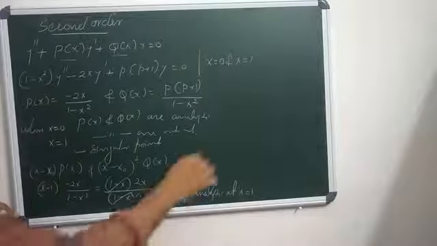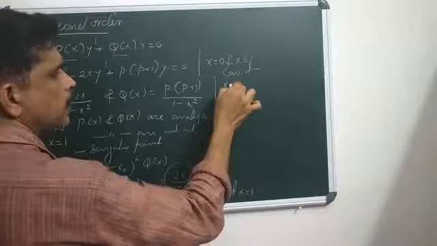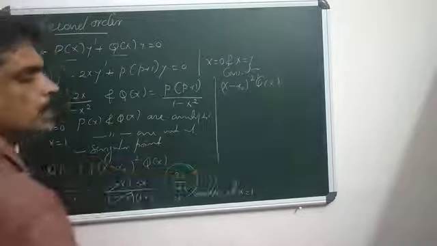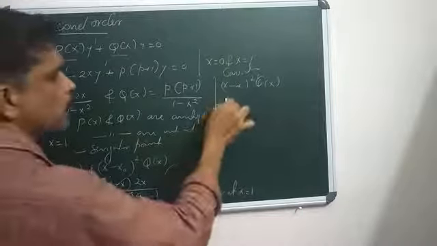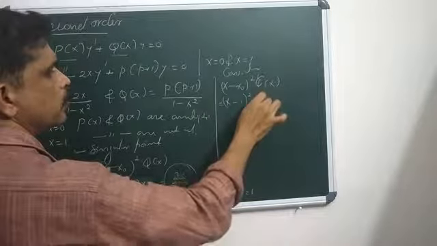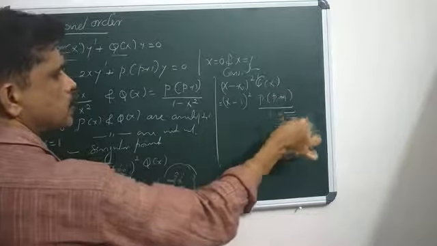Okay. Again, consider x minus x naught whole square into q of x. x minus x naught whole square into q of x is x minus 1 whole square into p into p plus 1 divided by 1 minus x square.